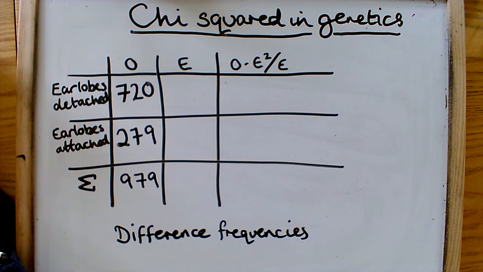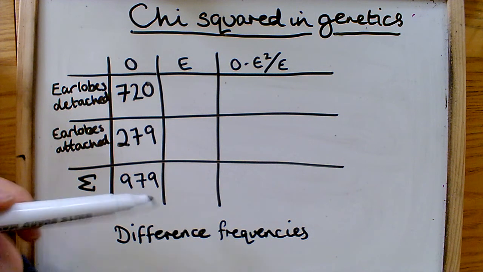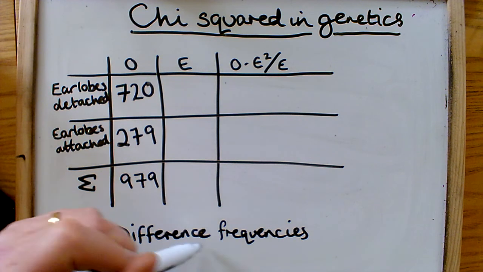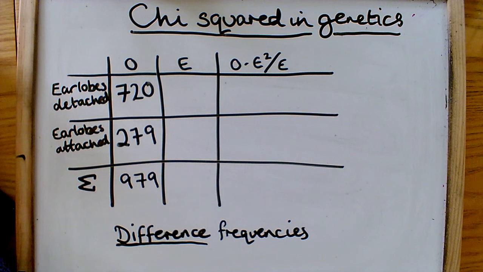Here's how it's different when we're doing it in genetics. We want to find that the ratios we've got in our experiment match the ratios we'd expect if Mendelian genetics is correct, which it is. So we want to find the same ratios as Mendel. We don't actually want to find a difference. We want to find that there's no difference.